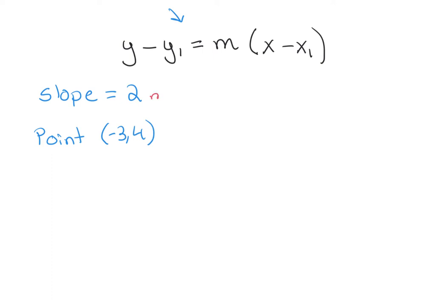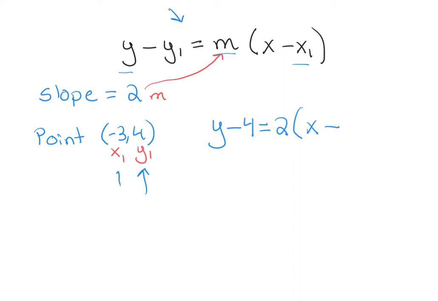So slope is the m, so I'm going to plug in 2 here. And then my point, I've got the x value x1 and the y value y1. So if I rewrite this, the first y just stays y minus y1, there's my y value, so y minus 4 equals m, which is my slope 2, and then my variable x minus x1, which is -3.